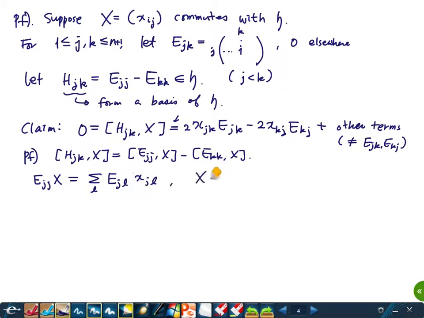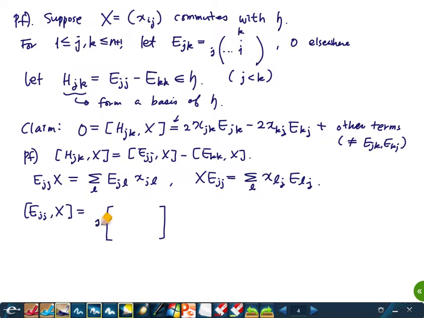And if you compute the minus term, it's just a simple computation, so I'm not going to show you. You know how to do this. So this means E_JJ comma X, the bracket, this is how I want to interpret it. So we have an n plus 1 by n plus 1 matrix.